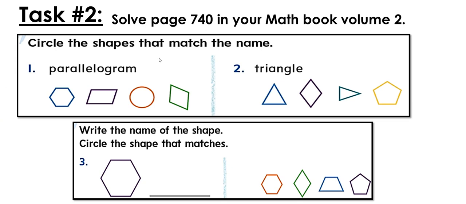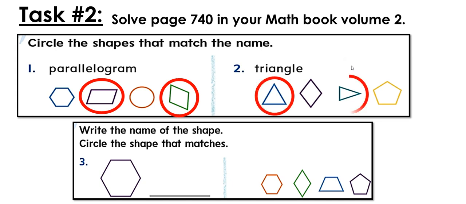Number 1, the long word, parallelogram. Which one is it? It's this one. And this one. We had 2 parallelograms. Number 2, triangle. This is a triangle as well as this one.